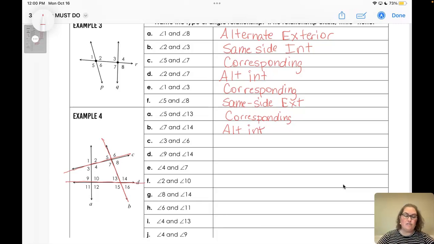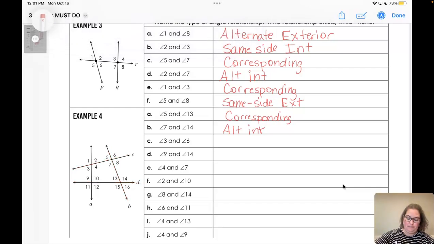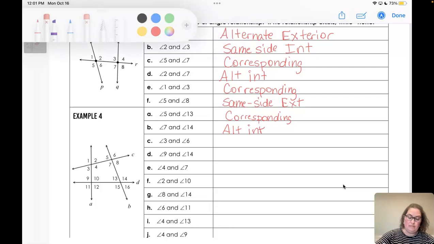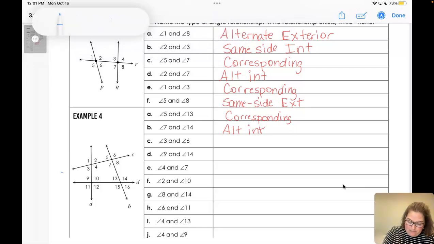Now we're looking at 3 and 6. So we are looking at it a little differently. I'm going to change color. So 3 and 6, this is your transversal. And these are your 2 lines.